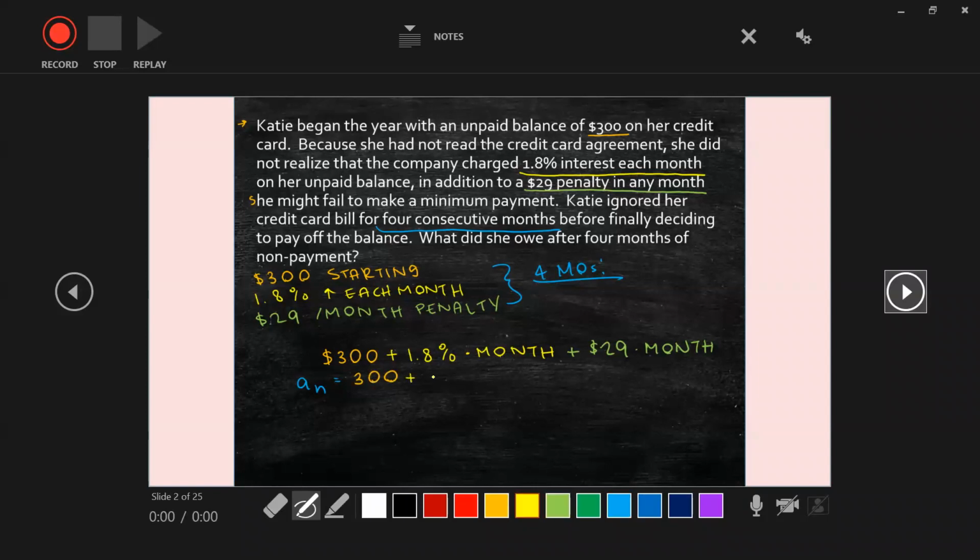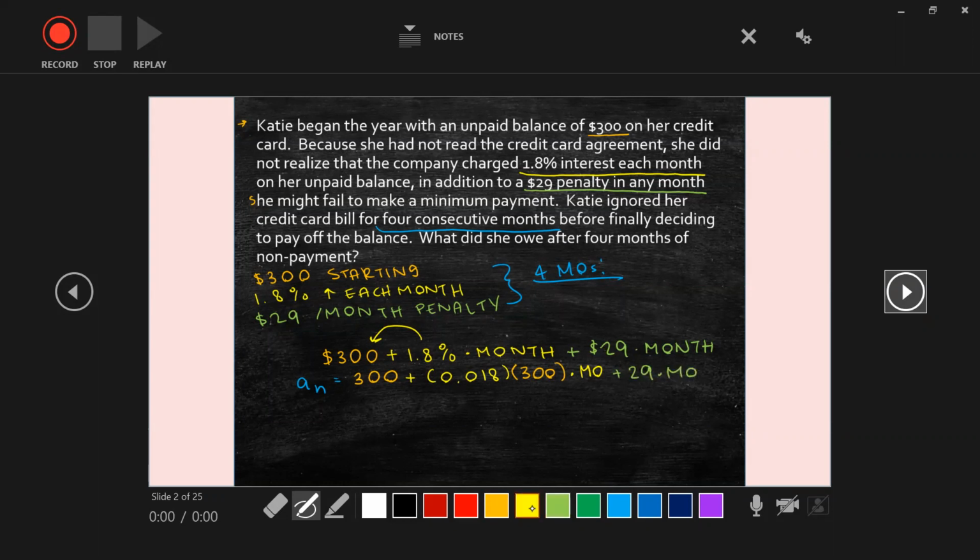Then we're adding 1.8% of that $300. 1.8% is the same thing as 0.018 once we convert that percentage into a decimal. So I'm going to multiply that each time by $300, also by whatever month it is. I'm just going to put MO since I'm running out of room. And then we also have $29 that's being multiplied per month.